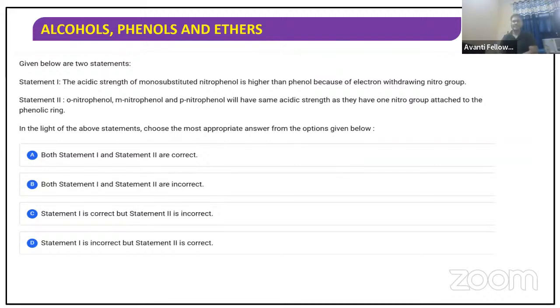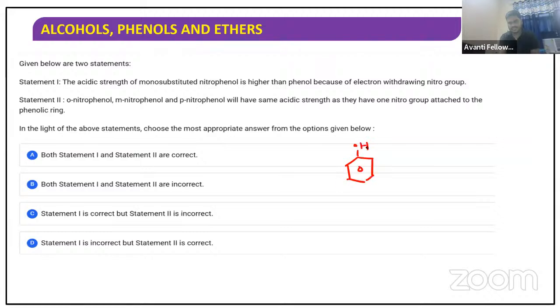Chalo. So we have the next question. Given below are two statements. Statement one: the acidic strength of the monosubstituted nitrophenol is higher than phenol because of the electron withdrawing nitro group. So they are asking about the acidic strength of the monosubstituted nitrophenol.